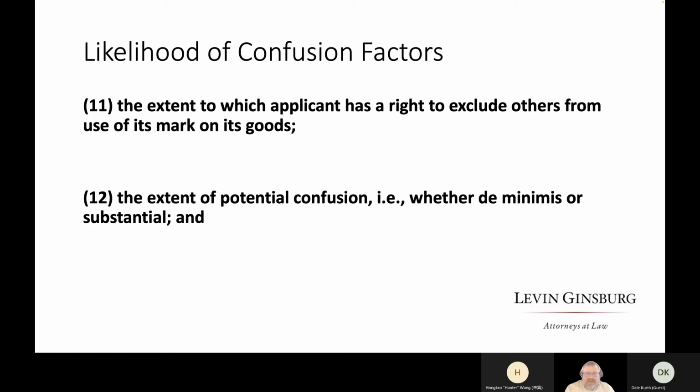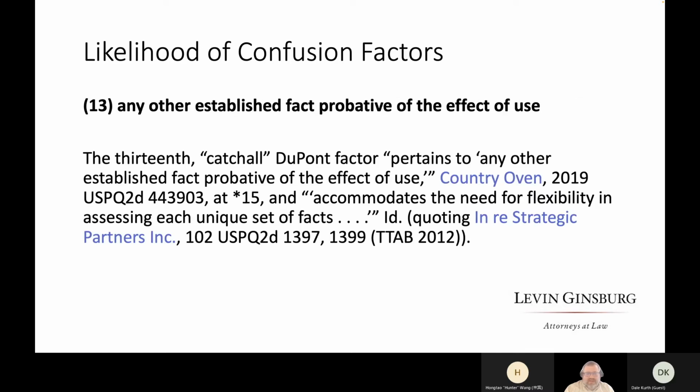Next, the factors look at the extent to which the applicant has a right to exclude others from the use of its mark on its goods. It looks at factors like whether or not the applicant owns a prior registration, and then looks at the extent of the potential confusion, whether it's de minimis or whether it's potentially substantial. And then the 13th factor is the catch-all.